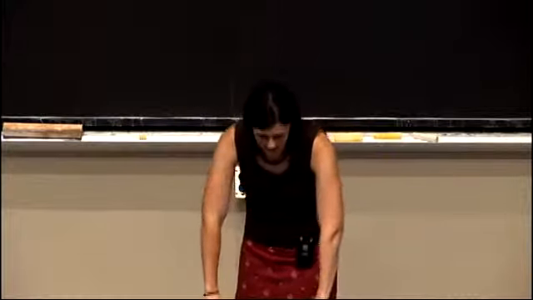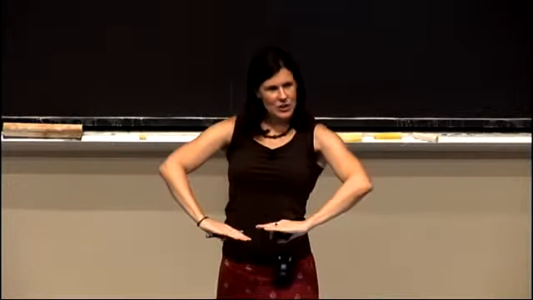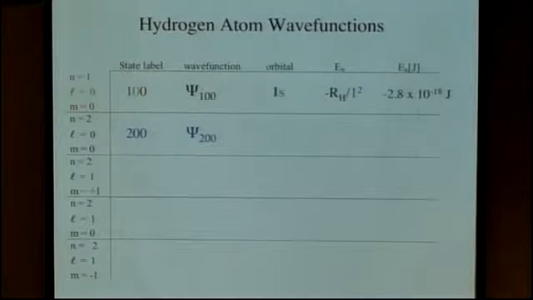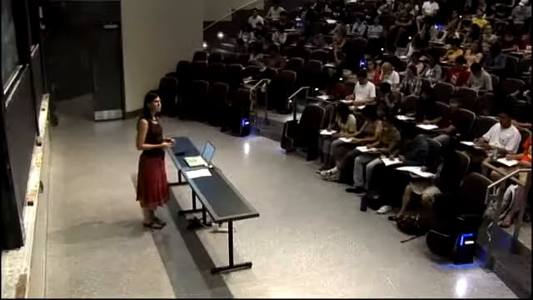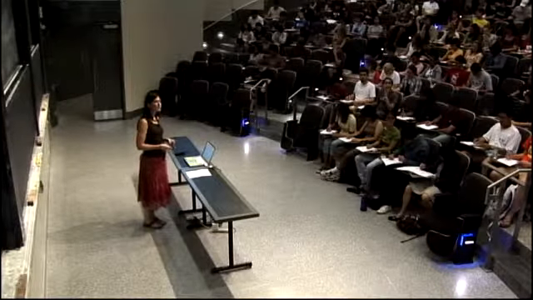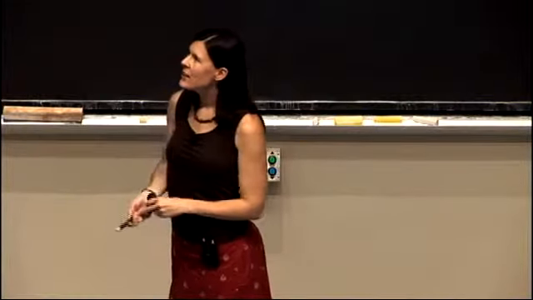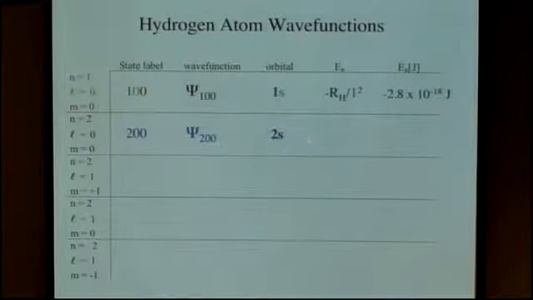So our next level up is going to be the n equals 2 energy level. But we also have an L and an M value, so our lowest L is going to be a 0 there. So we'll call that the psi 2, 0, 0 wave function. What will we call that in terms of orbitals? Yep, so that's the 2s orbital. Something I forgot to point out is that you'll notice there's no subscript to the s.